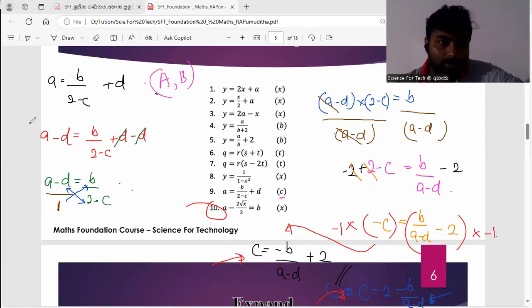I want all the guys to get A and B's, because only 2% will get A and B in the SFT subject. Actually, that will be a bit hard, but if you can follow this protocol, definitely you will be able to get an A or a B. I can guarantee that now.